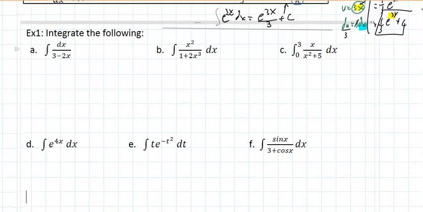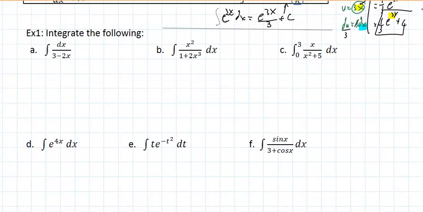So I start looking at problem number A, or example A. I'm glancing at this and I notice, well, it's not as obvious yet. I'm going to let u equal 3 minus 2x. The denominator of a fraction, if you remember, that was the deal. du is negative 2 dx. Well, this is my integral. That's my u.